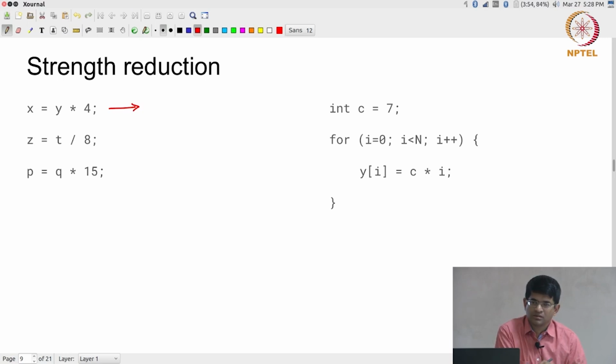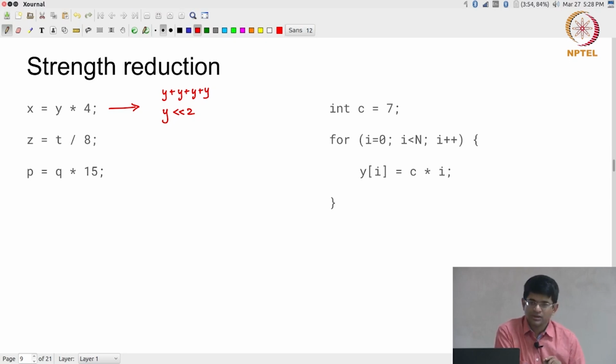You could add 4 times, but unless the processor you are dealing with is something really old which does not have a multiplier at all, it is very likely that 4 additions is more expensive than a multiplication. Or you could do shift left by 2, assuming that y is an integer.